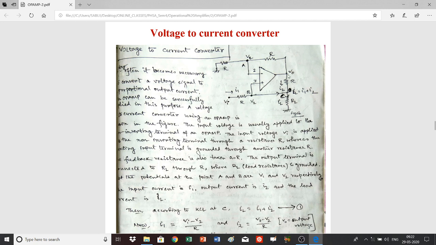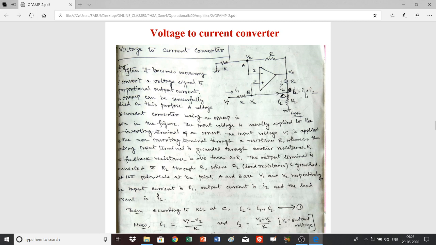If the output voltage delivers a current I2, which will pass through the resistance R, then these two currents will pass through the load resistance RL, and that's why the load current IL will be the summation of these two currents I1 and I2.